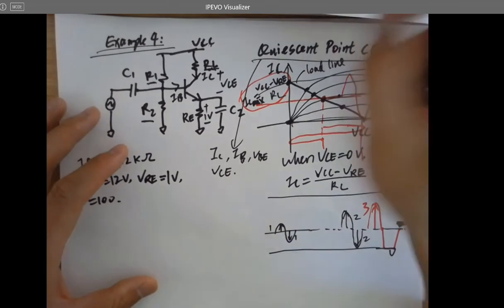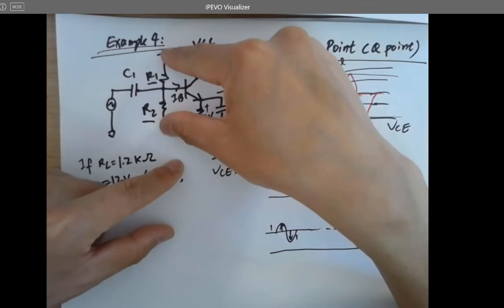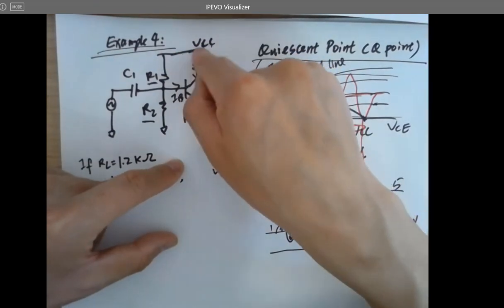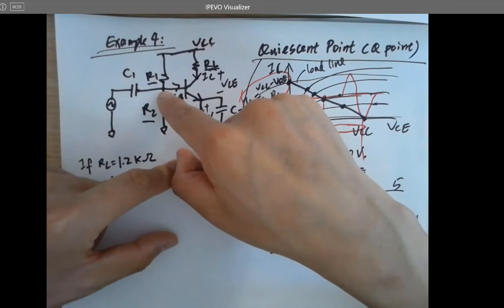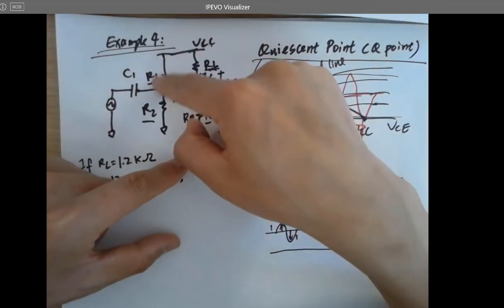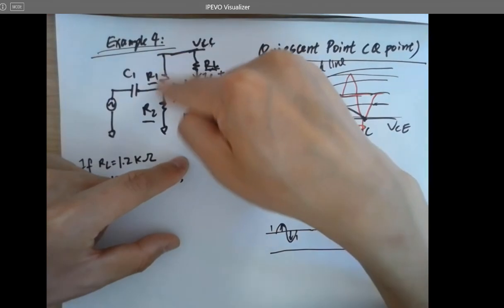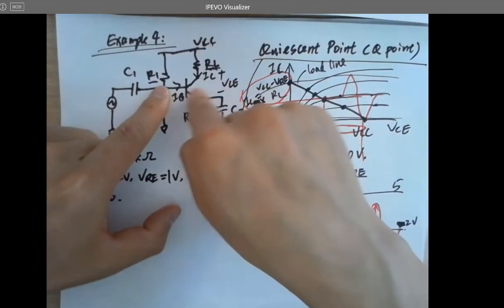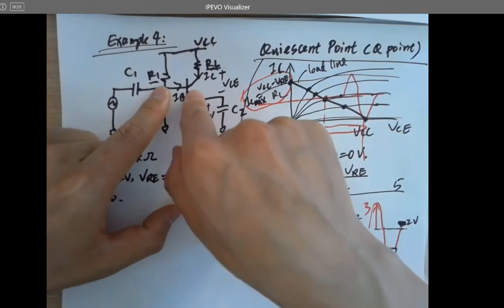One rule of thumb: these two resistors are a voltage divider, directly providing a biasing voltage to this transistor. And you hope the current flowing in this branch is not being shunted too much to the base.